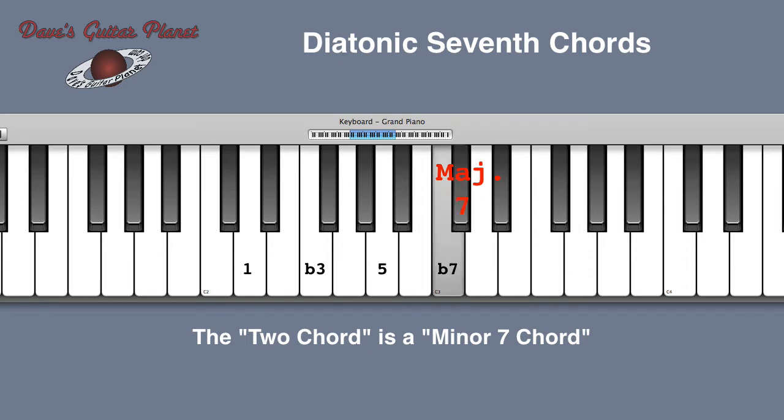Now we've got a flat 7 in the key of D, that interval is a flat 7. 1, minor 3 or flat 3, 5. Flat 7 defines a minor 7 chord.